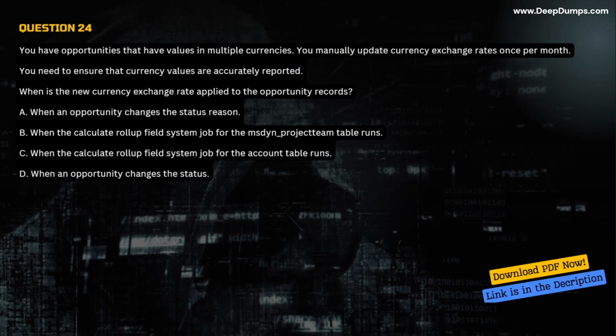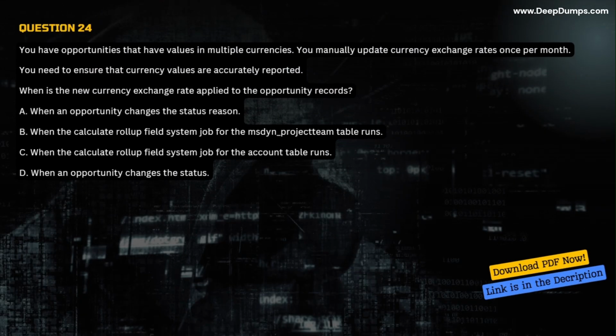Question 24. You have opportunities that have values in multiple currencies. You manually update currency exchange rates once per month. You need to ensure that currency values are accurately reported. When is the new currency exchange rate applied to the opportunity records? A. When an opportunity changes the status reason.